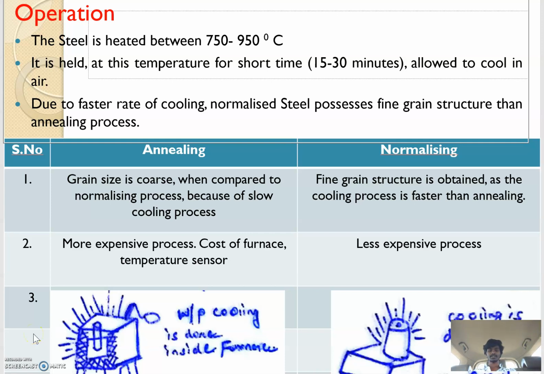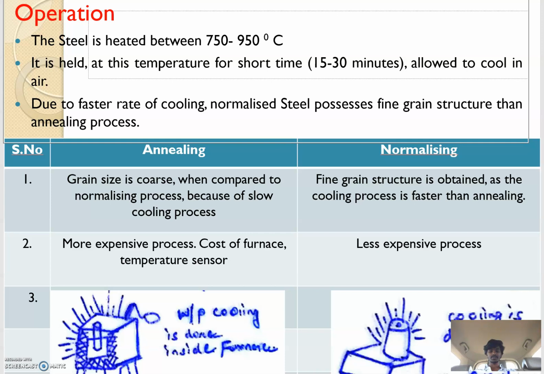Now the differentiation between annealing and normalizing. In annealing, grain size is coarse when compared to the normalizing process because of the slow cooling process. But in normalizing, fine grain structure is obtained as the cooling process is faster than annealing.